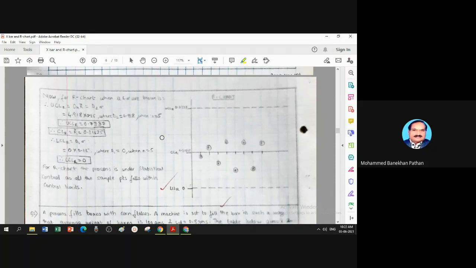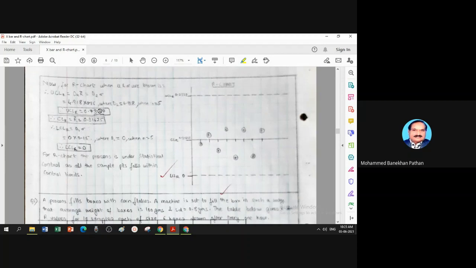You can open that table from the contents; for a given sample size, the values of these constants are tabulated. So I get the corresponding control limits for the R chart.